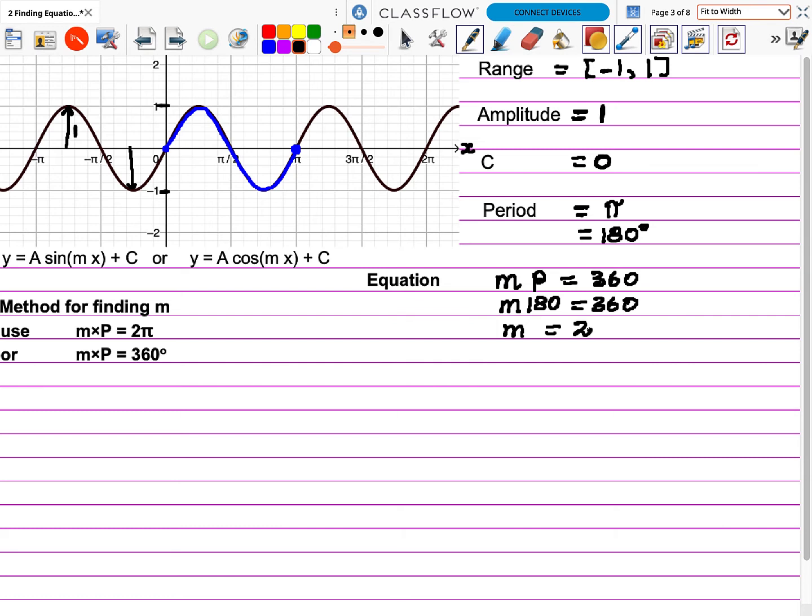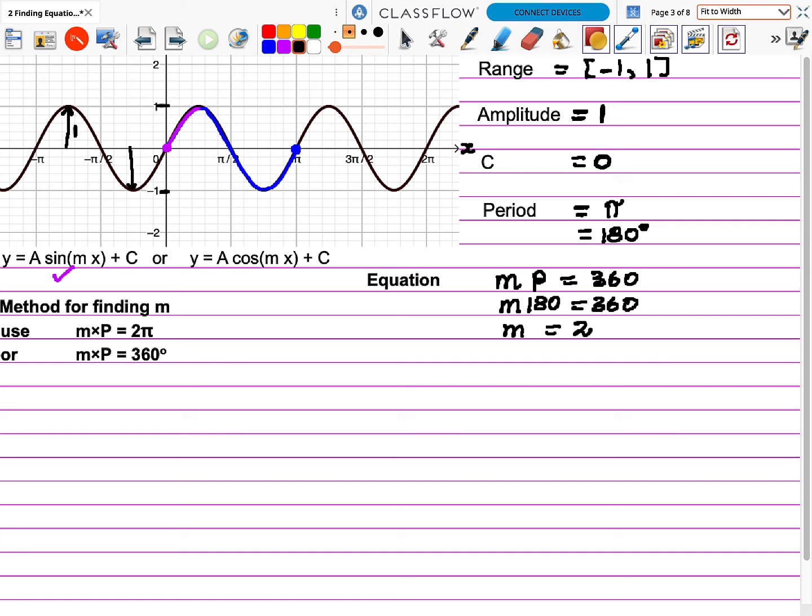I need to decide whether this is a sine curve or a cosine curve. So I go back to where I drew my period, and I started drawing my period here, and it started travelling up immediately. And because it started travelling up in that first quadrant immediately, I now know it's a sine curve. And again, it's something you have to learn.